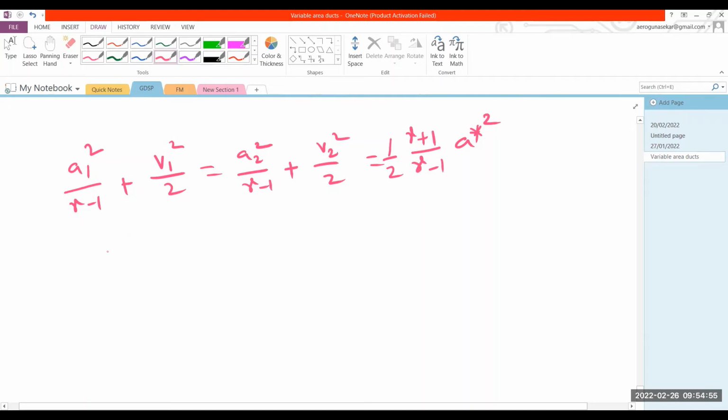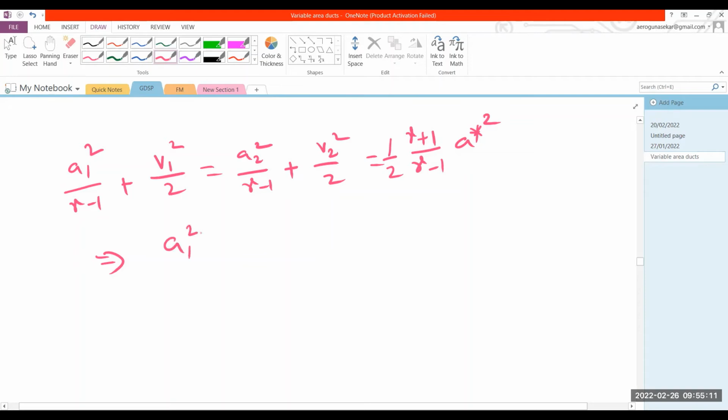Now this we can rewrite like this. I want this A1 square and A2 square to be separated.